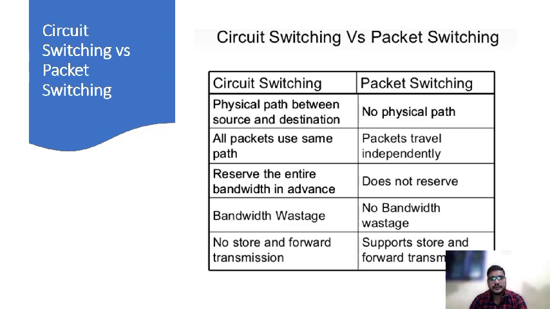Circuit switching reserves the entire bandwidth in advance. First of all, the path is reserved for the transfer of data in circuit switching, while this does not happen in packet switching. It does not reserve any bandwidth in advance. In circuit switching, bandwidth is wasted, while in packet switching, no bandwidth is wasted.